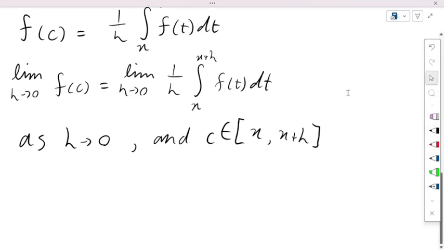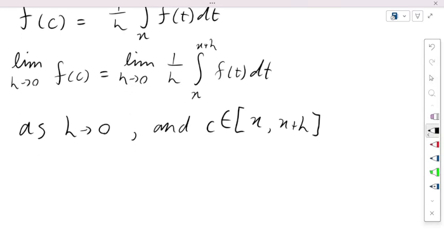Therefore, what we can say is that c will actually approach x, which is actually our a value over here. It's our lowest point of the bound.